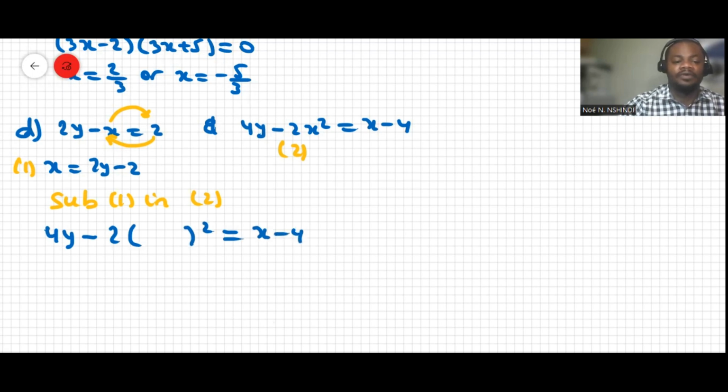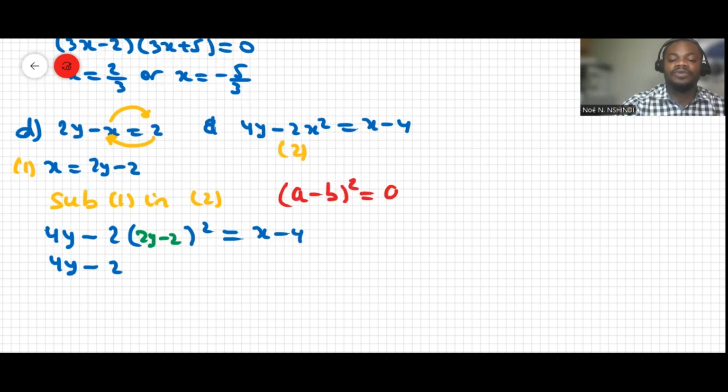If I sub the value of x as 2y minus 2, this will be 4y minus, I can apply the property for quadratic equations. When you have a minus b to the power of 2, this is equal to a squared minus 2ab plus b squared. So my a is 2y, my b is 2.